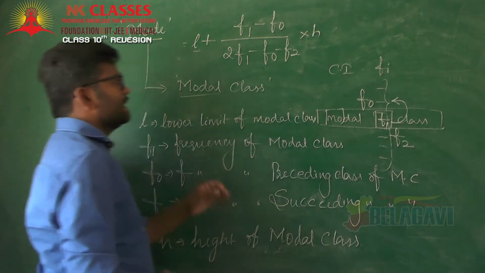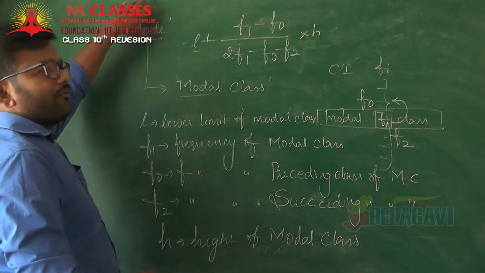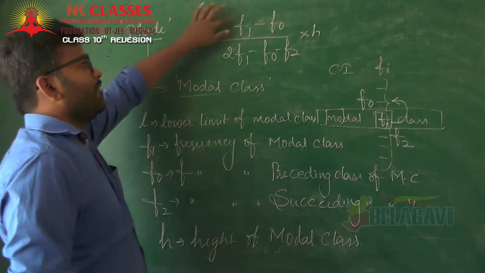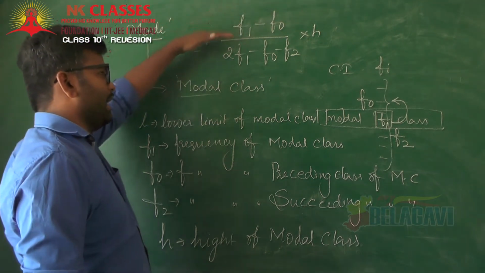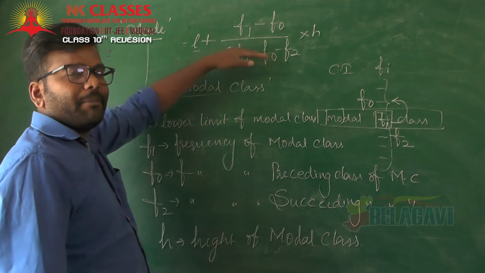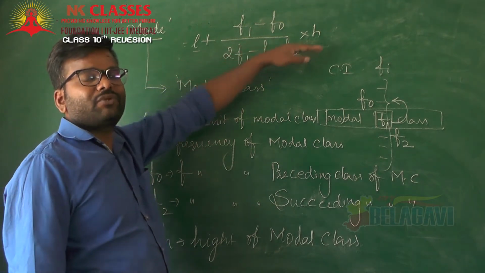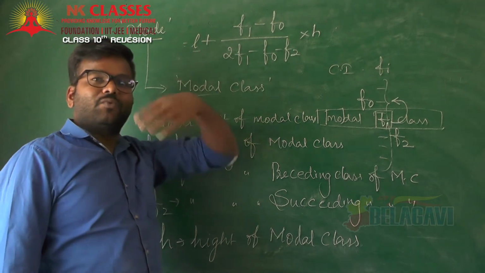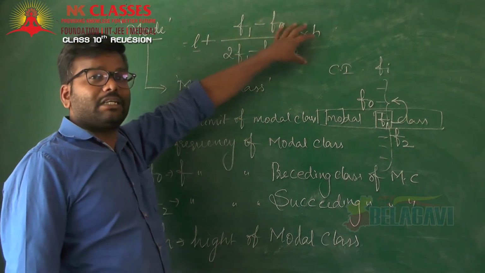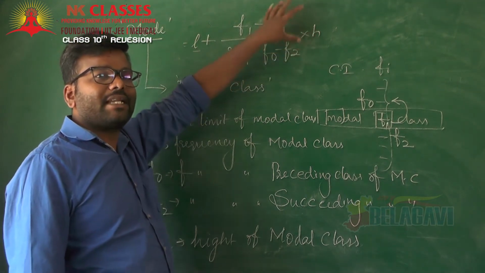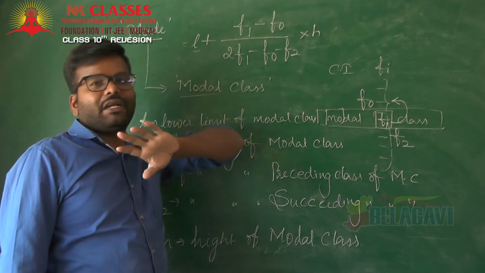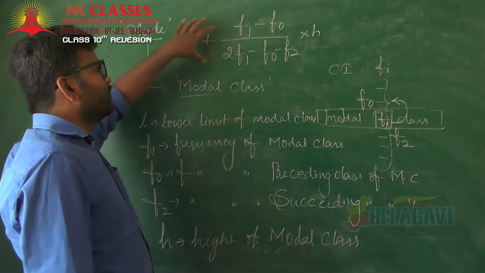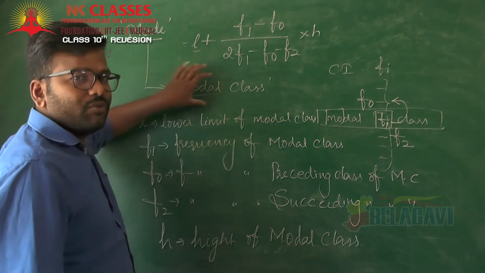Hope you understood. See here, the mode of a data is given by the formula L plus F1 minus F0 by 2F1 minus F0 minus F2 into H. Remembering the formula is one step, and then the terminologies, like how to extract these values from the given data, is another important step. First step is to identify the modal class.